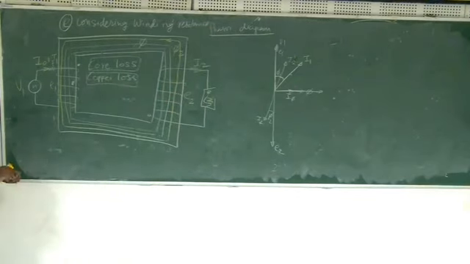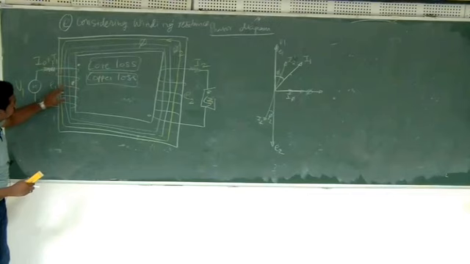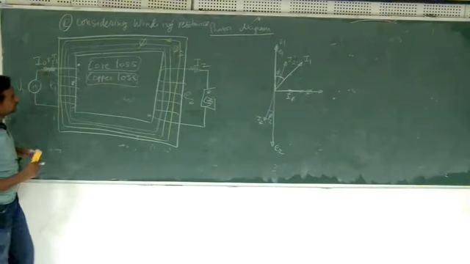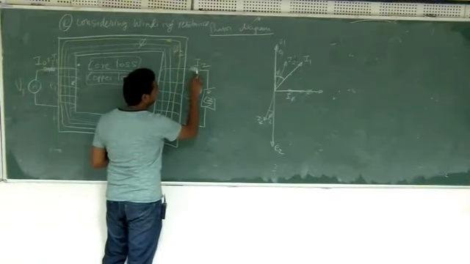If there is a small resistance here, actually the resistance is throughout the winding, but mathematically I just put it at the start. Similarly, some resistance here.